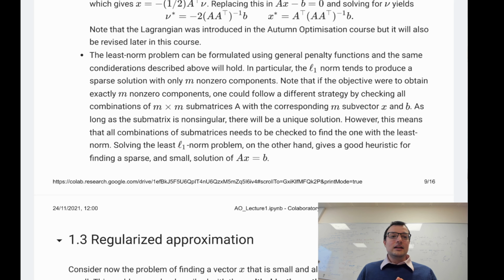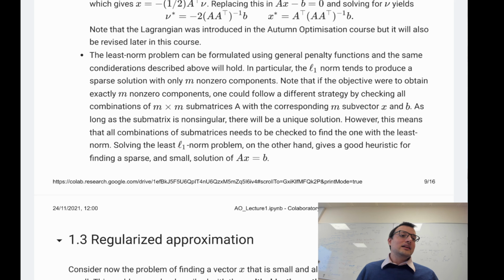That means essentially that there are solutions in which only m components of x are non-zero and the other ones are zero. So the L1 norm will produce solutions with a high number of zeros in the components of x, but it doesn't necessarily produce a solution which has exactly m non-zero components.